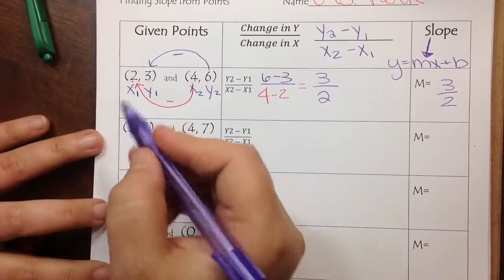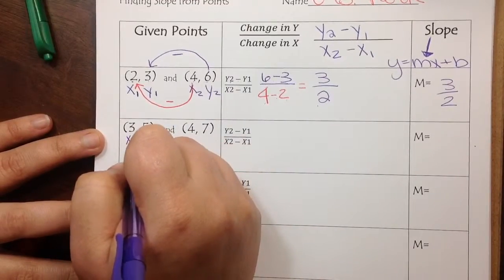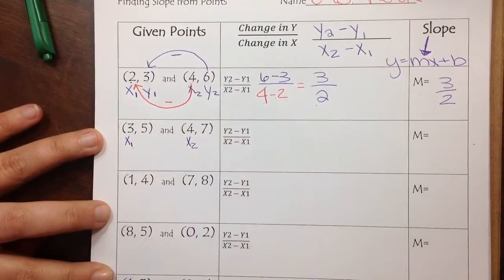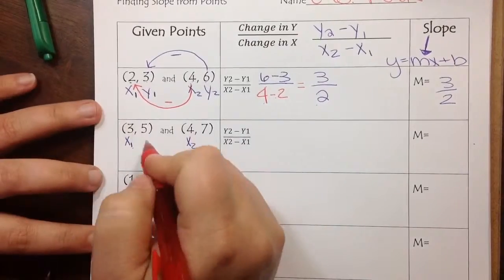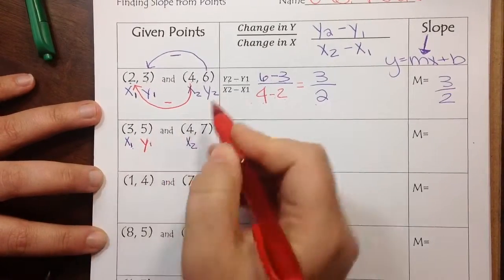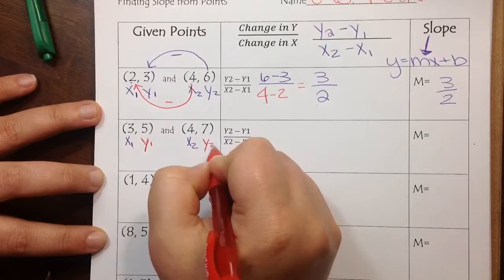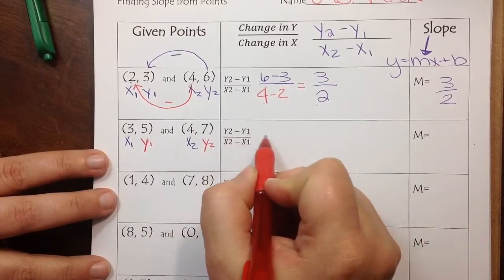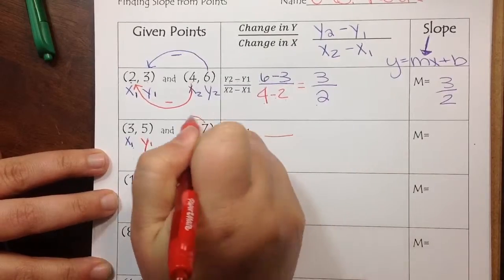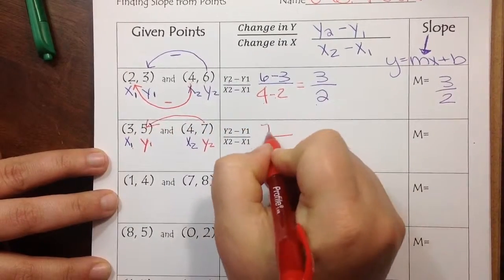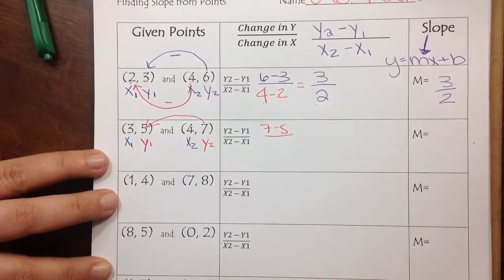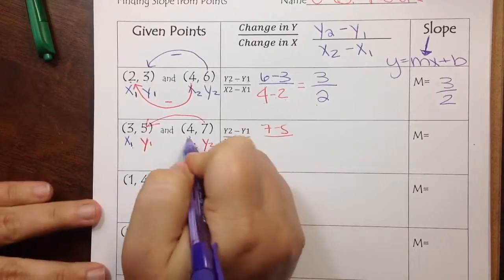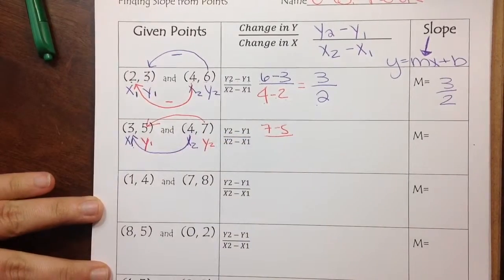Again, the first thing we're going to do is label x1, x2, y1, y2. Okay? Now we're going to plug them into our formula. y2 minus y1. Therefore, I have 7 minus 5. x2 minus x1.